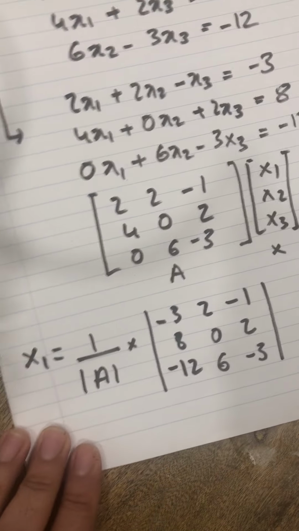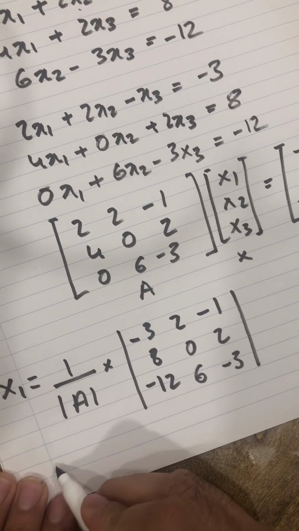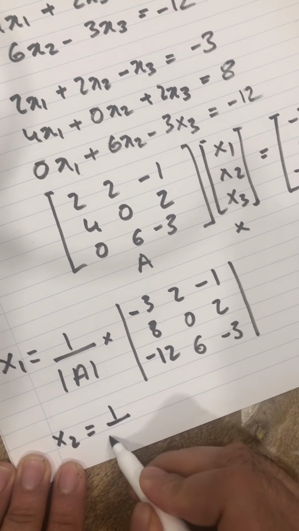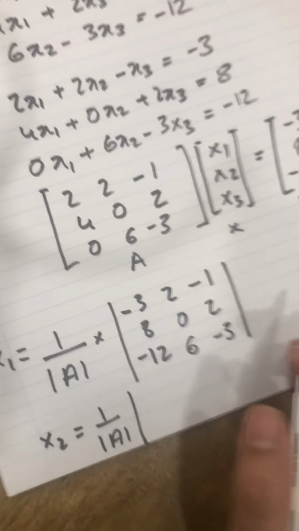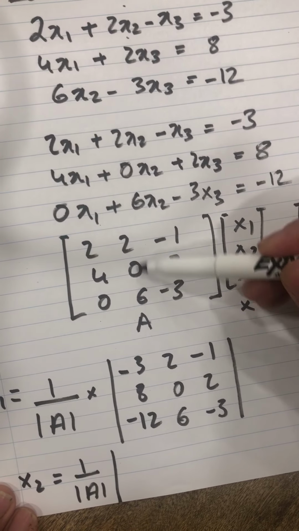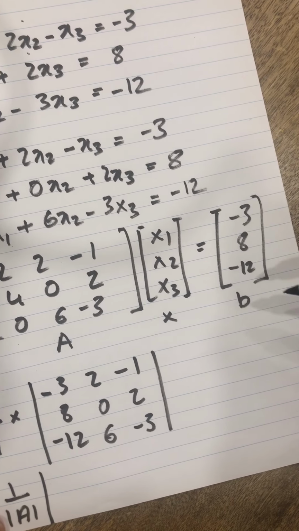And then what would be x2? So for x2, I don't know if I can squeeze in x2 here. Let's see. So it's going to be 1 again divided by the determinant of A, into the determinant where now you're replacing the second column because it's x2 with the results here.